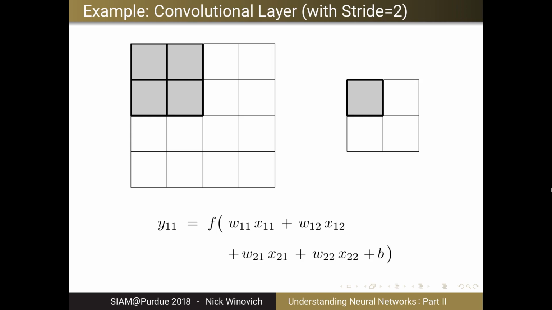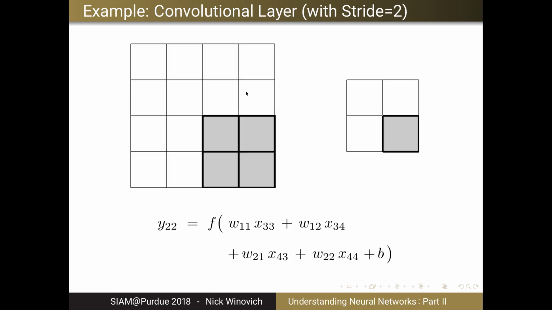Now, if we imagine sliding this over in a step size of 2, we'll land in the upper right position. And in this position, we're still going to use the same weights. It's still W11, but now W11 is over the value X13. And so we proceed in this fashion. We apply the same weights, just multiplied by different values, and go down once we reach the end of the row, so that we've covered, to some degree, this entire structured data as input.